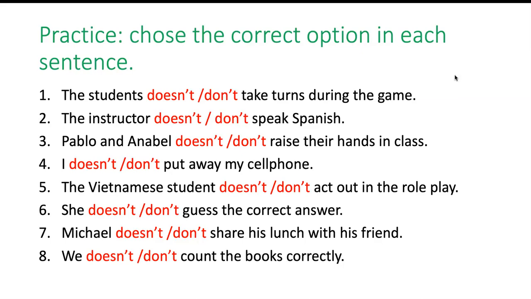Okay? With this in mind, you are going to choose the best option in each sentence. Okay, start working. In this part, please stop the video and choose the best option for each sentence. Stop the video.